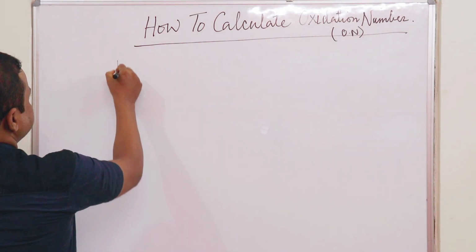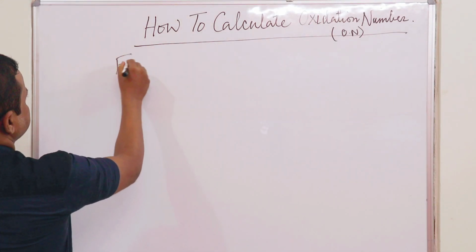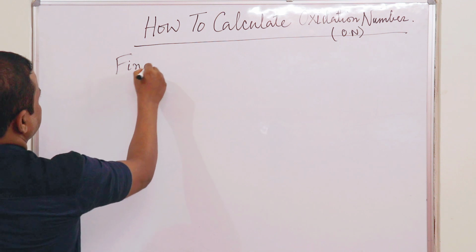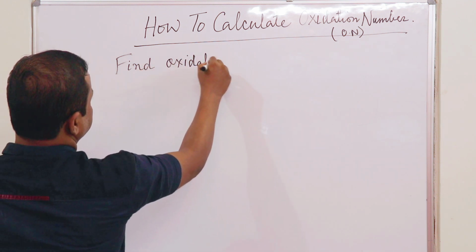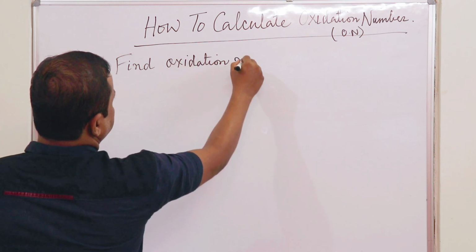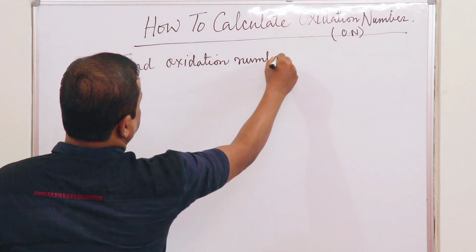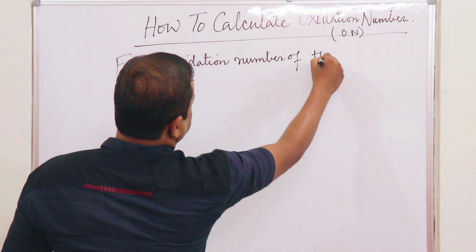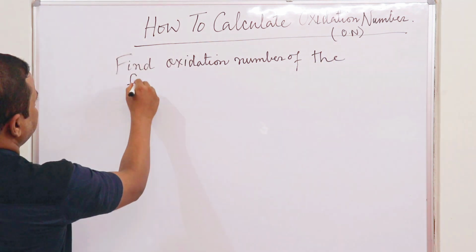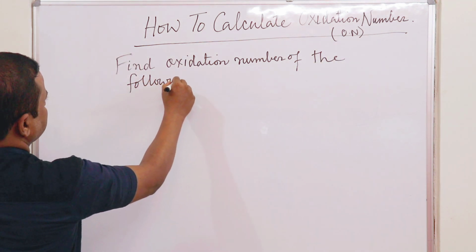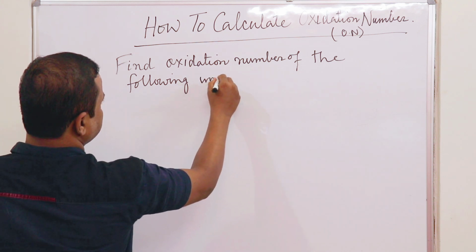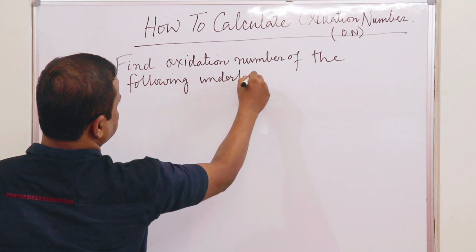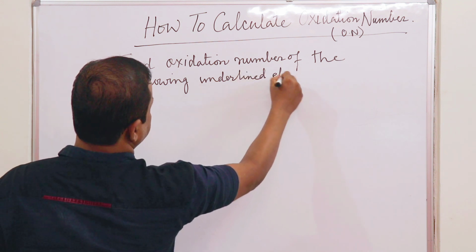I'll take a question like: find the oxidation number of the following underlined element.